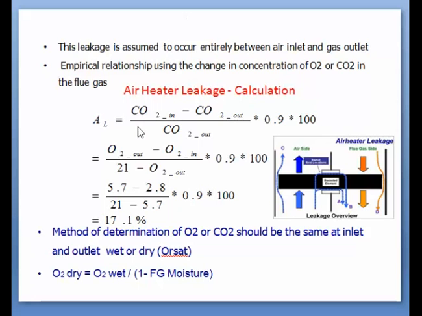In terms of carbon dioxide, air heater leakage is given by the carbon dioxide percentage at the inlet minus the carbon dioxide percentage at the outlet, divided by the carbon dioxide percentage at the outlet, multiplied by 0.9, multiplied by 100. That is based on the carbon dioxide measurement in the flue gas at inlet and outlet.